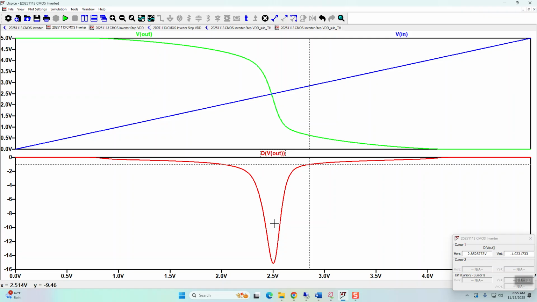But you might be thinking, d out, the derivative of V out versus V in, sounds like the gain, and it is, right? And in fact, at this point, if you were to bias that CMOS inverter at that input voltage, the gain is, well, let's just look it up. -15.